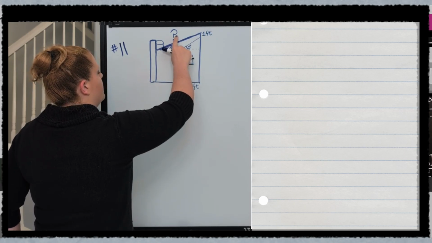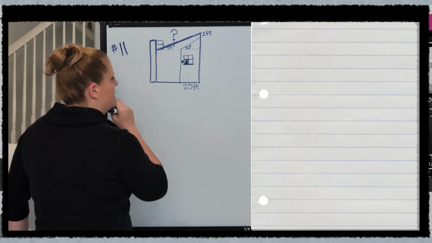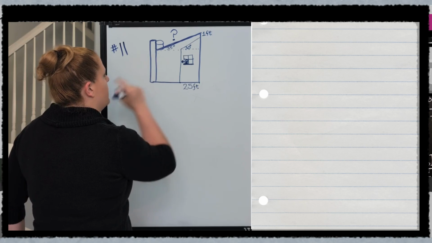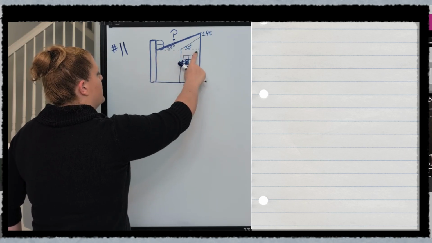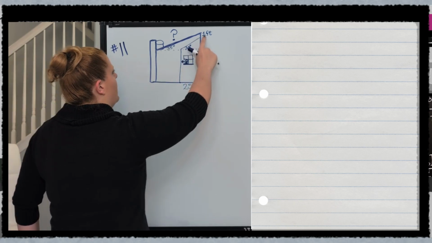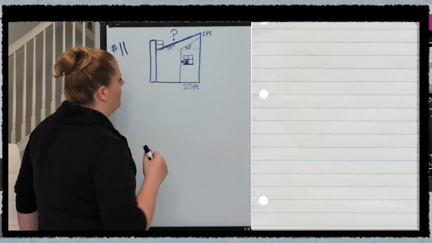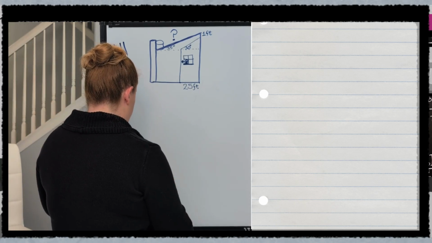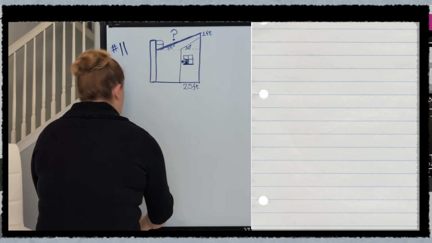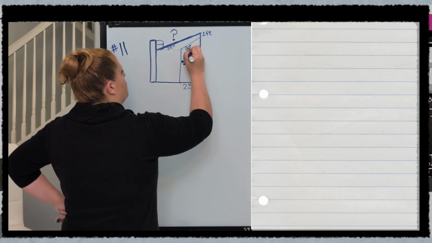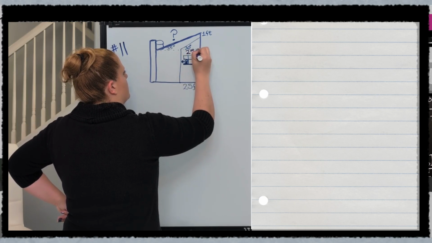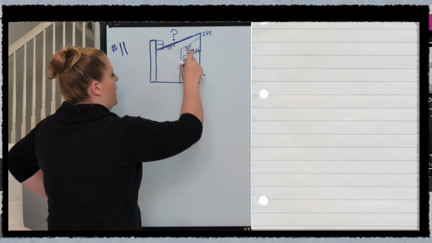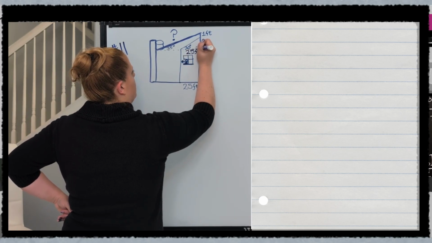In order to find this, we're going to need to figure out a couple things. We're going to need to know maybe the adjacent side, maybe the height, from the top of the roof up. One thing I notice is this 25 feet can also be used here for this length. That's also 25 feet. And I notice I have a little triangle here.